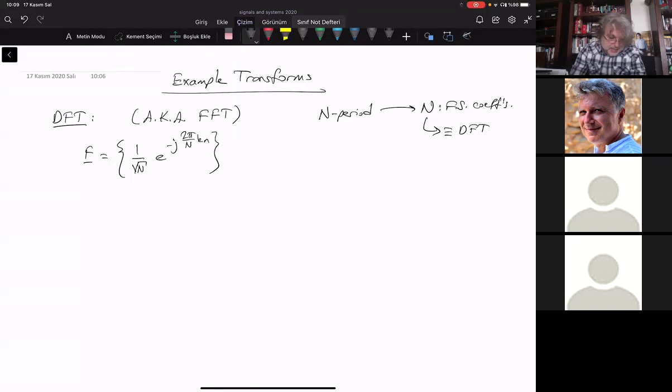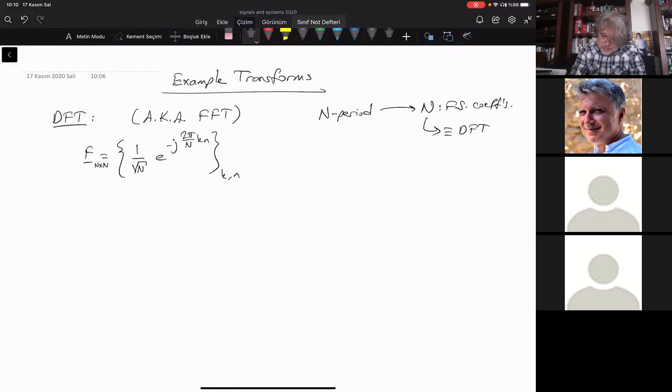What is k and n? K and n are the coordinates, the column and the row of this F matrix. So F is an n by n matrix. And you render each item like this, it would make a DFT matrix.